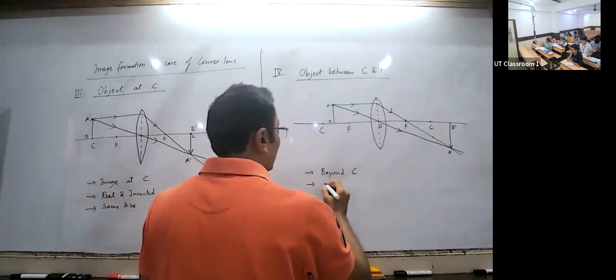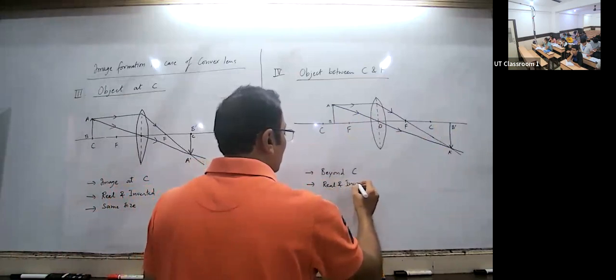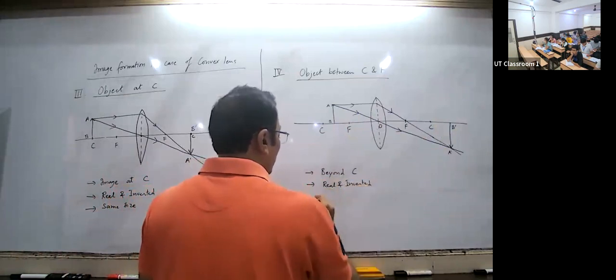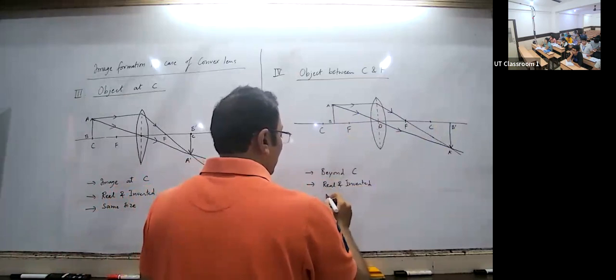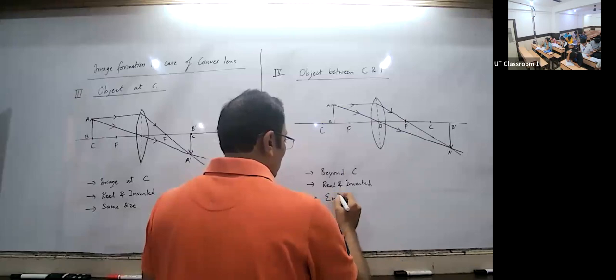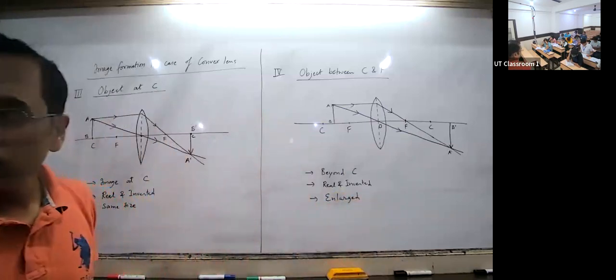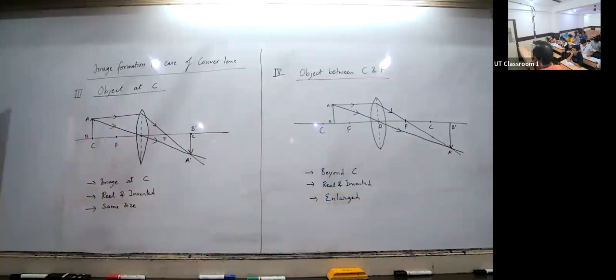Then real and inverted. Then magnified or enlarged. ठीक है? या तो enlarged लिखो या फिर magnified. Okay.